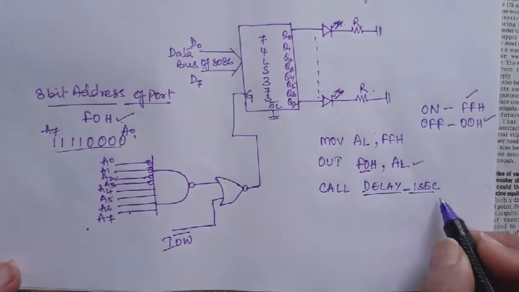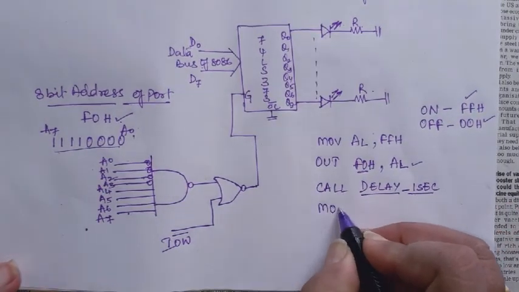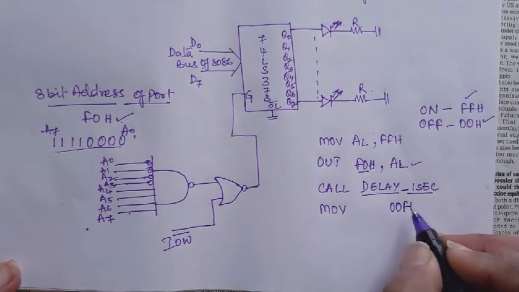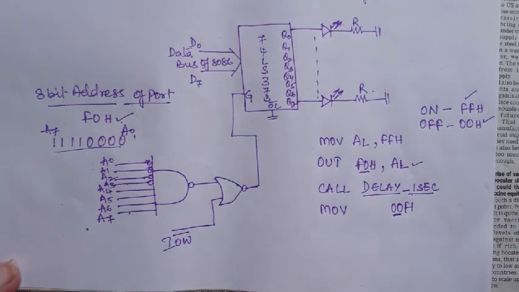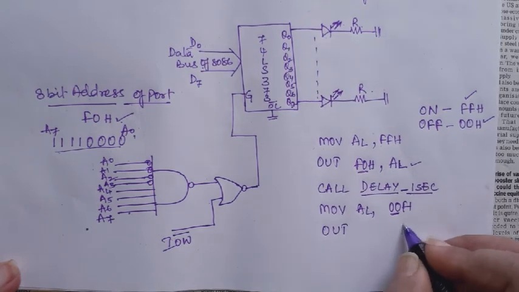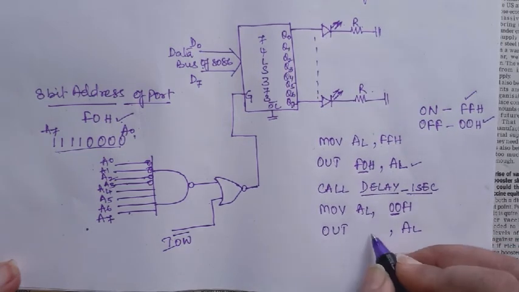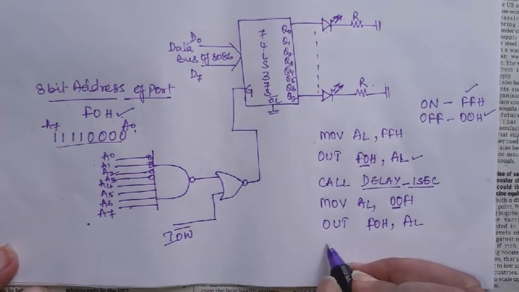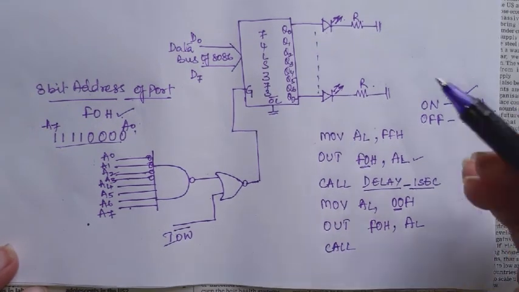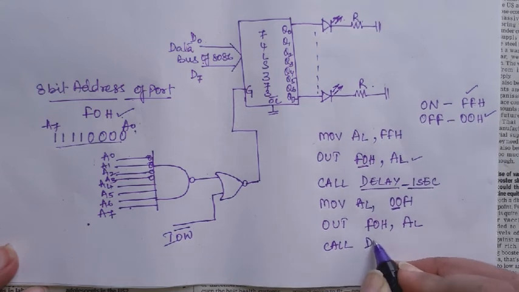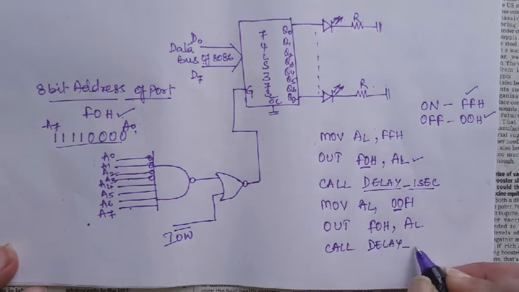So CALL delay. After that 1 second delay, you want the LEDs to be off, so write the data 00H to the AL register. Then OUT, send this data to the output device whose address is F0H. Then again, because it must be continuous on and off with a delay of 1 second, call delay again for 1 second.